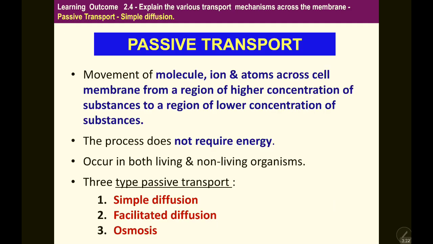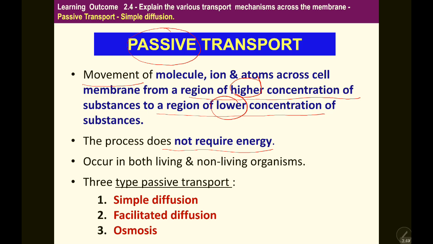Okay, so passive transport generally means the molecules move from a higher concentration region to a lower concentration region, and this process does not require energy. That's why it's called passive. No energy is needed. It occurs just naturally, going from high concentration to low concentration.